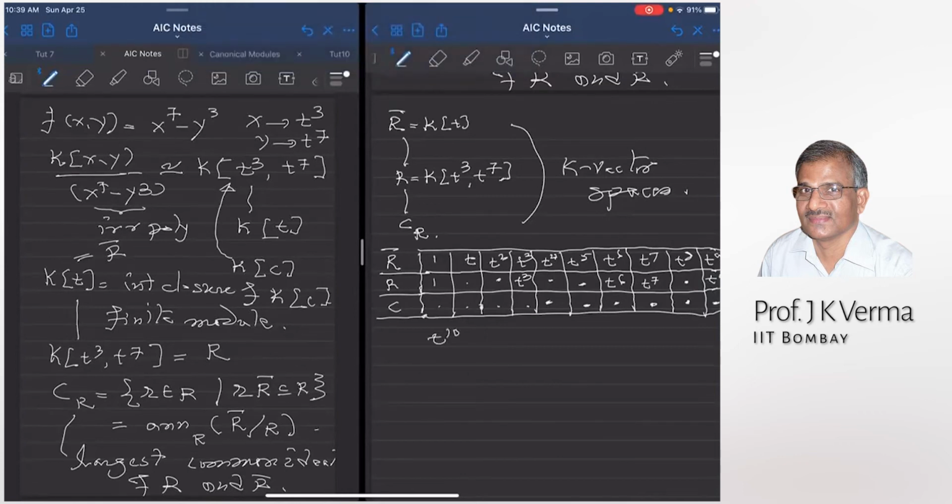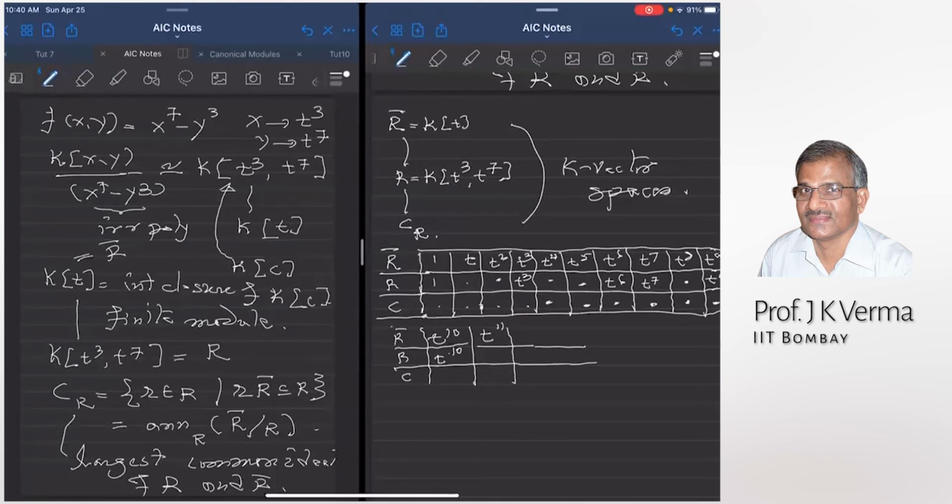T10 is in R and R bar. What about T10, is it in the conductor? No, T11 is not there. T11 is not in R. So T10 is not in the conductor. So we still have to find an element in the conductor.